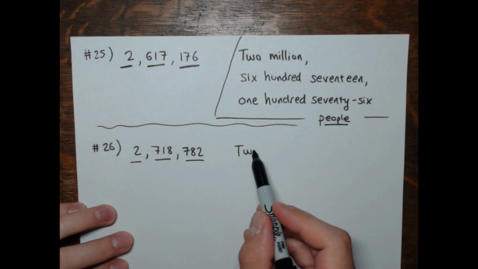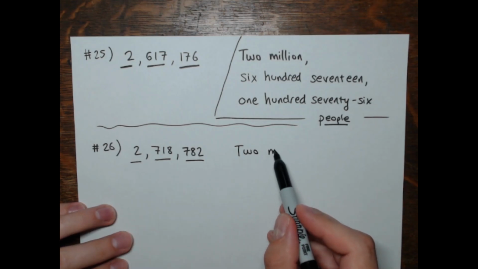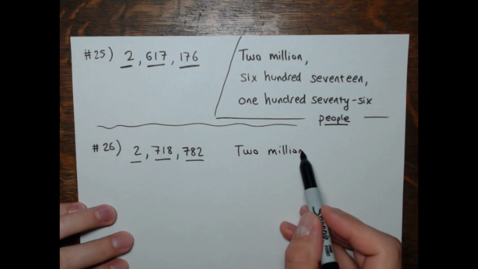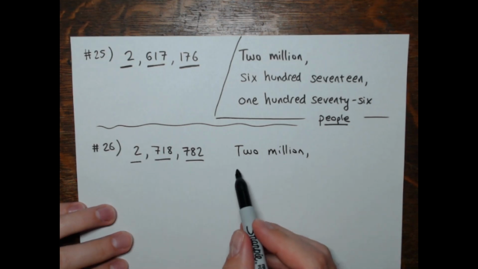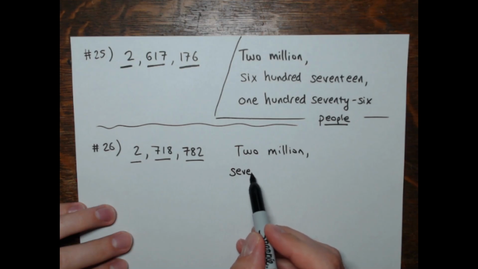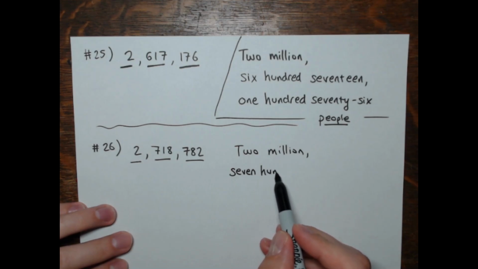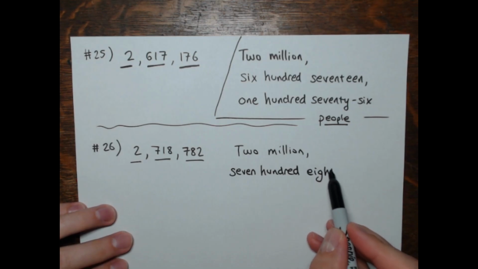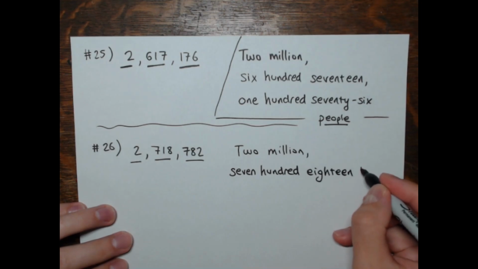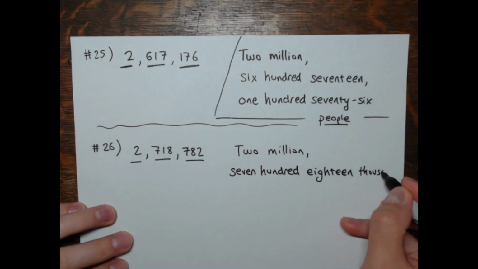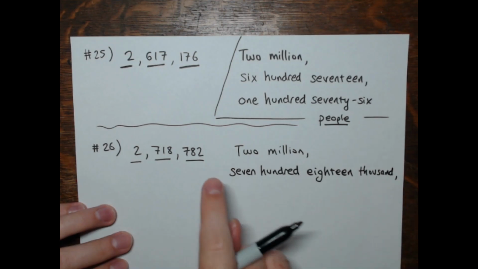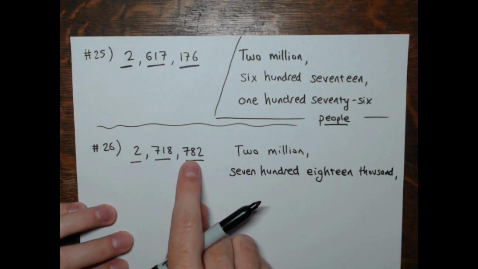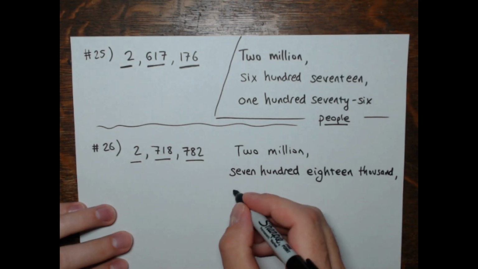So 2 million, comma, 718,000, comma, 782.